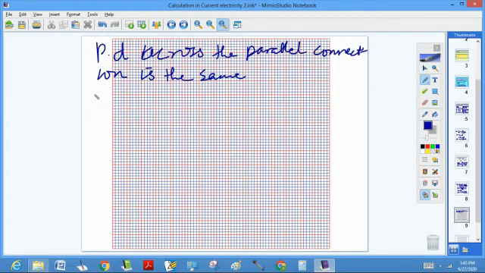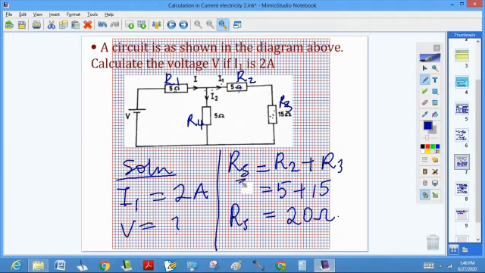Therefore, let's call it V, which is equal to V1 here. So V1 is equal to I1 times RS. I'm using RS because along this arm, which is part of the parallel connection, the current I1 is flowing through it.